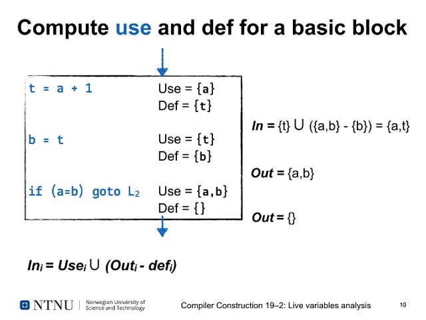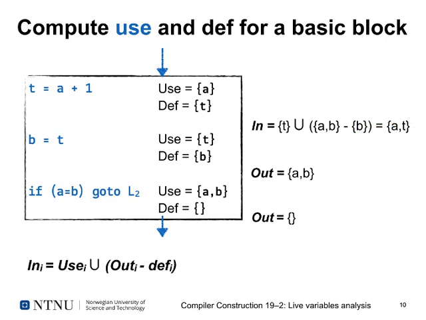We say in is equal to our use, which is t here, joined with our out variables, which is A B, and from this we subtract our def variables, which is b. So A B minus b is variable A, and t together is a set of variables A and t.